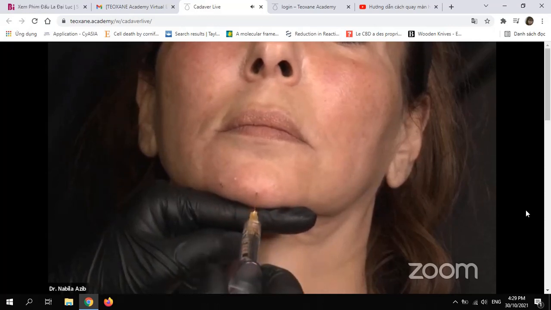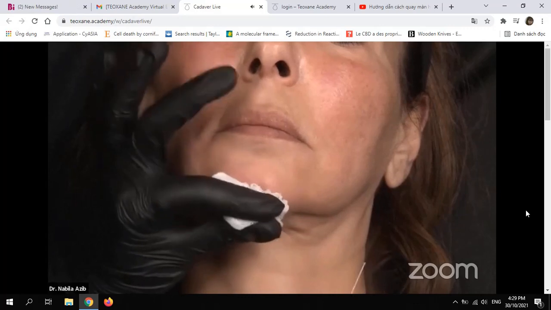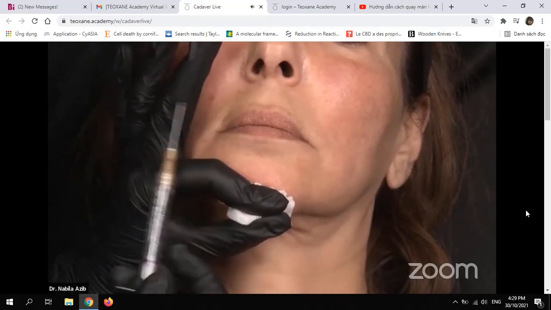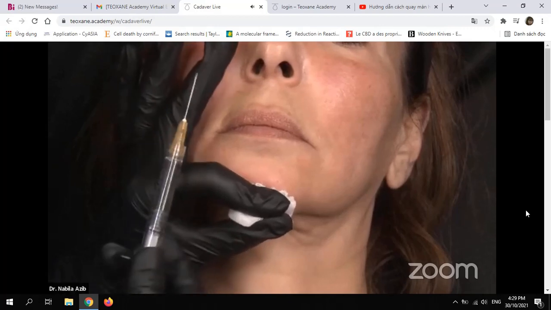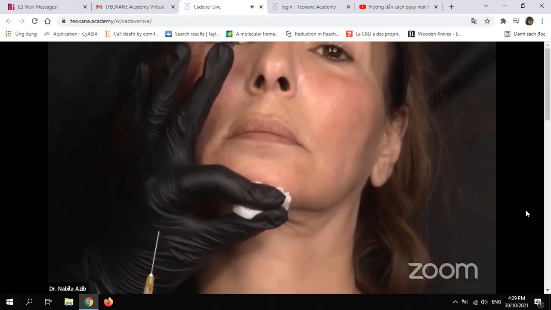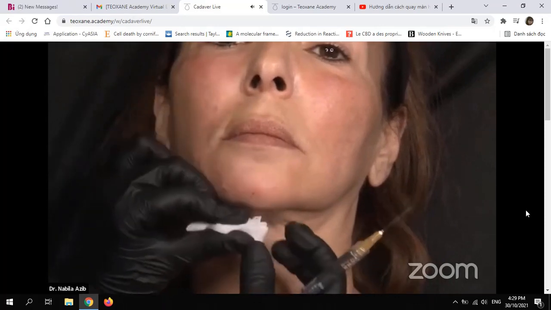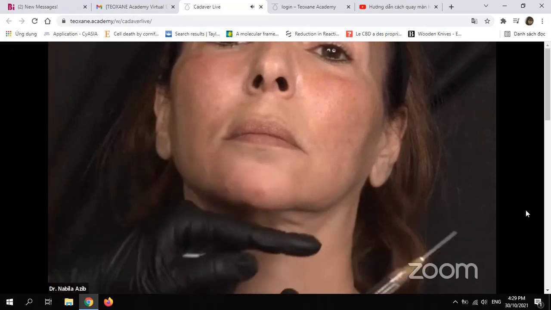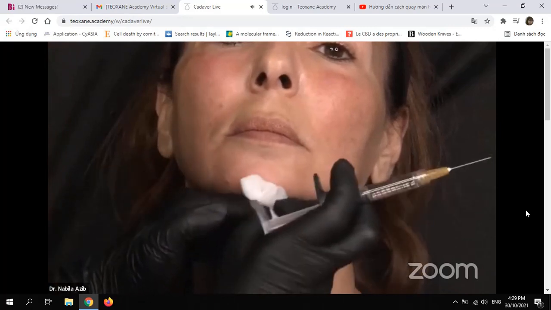But I'm used to blocking the flow even in the midline. So for this first bolus, I have injected 0.3 ml. She's very symmetric in her chin, so I will use the same amount of product.